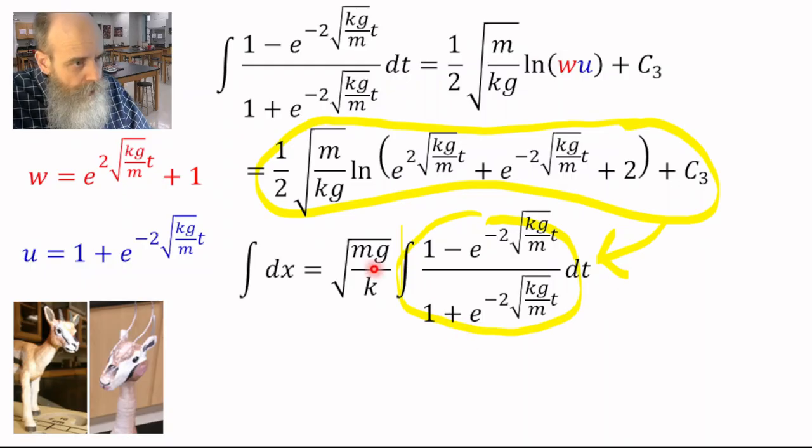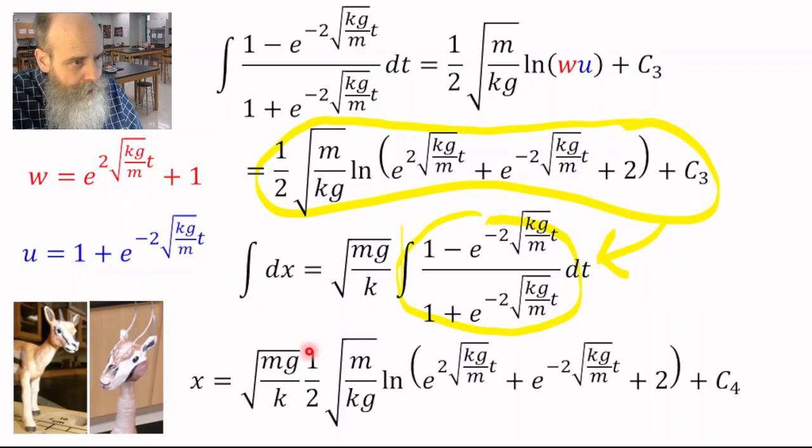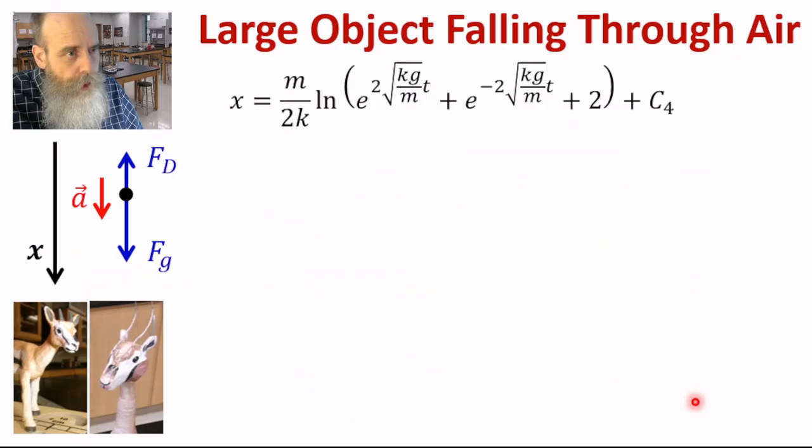And integral of dx is just x. So this is what we get. We have the constant mg over square root mg over k plus then this constant here, 1/2 square root m over kg. That's right here. And then with the ln function, then plus another constant c4. C4 is a constant. So that's what we have for position.